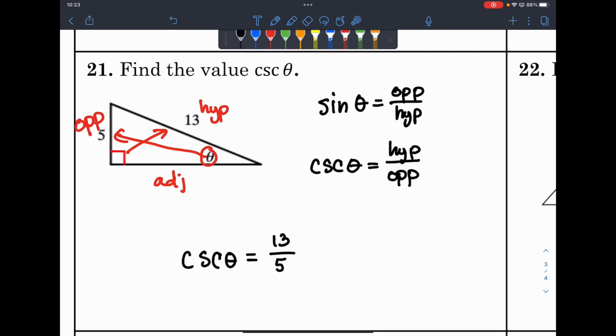If I needed the adjacent side, I would have to use the Pythagorean theorem in order to find that side, which is a squared plus b squared equals c squared, where a would be the adjacent side, b would be the opposite side, and c would be the hypotenuse.